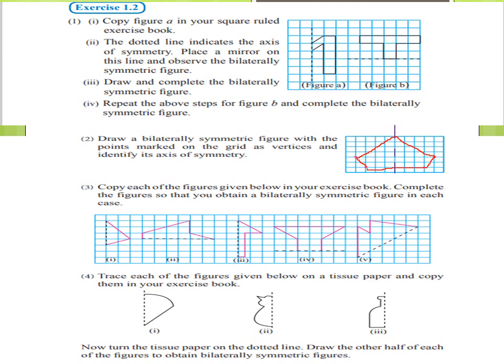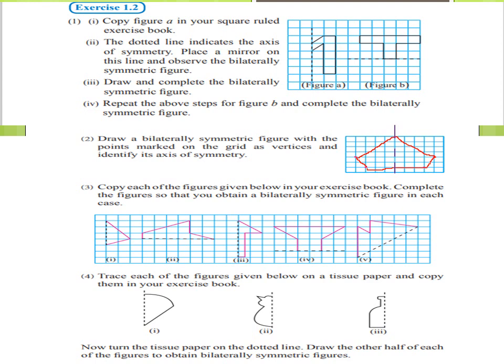Place a mirror on this line and observe the bilateral symmetric figure. Third, draw the complete bilateral symmetric figure. Fourth, repeat the above steps for figure B and complete the bilateral symmetric figure.